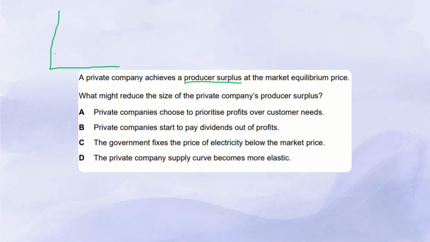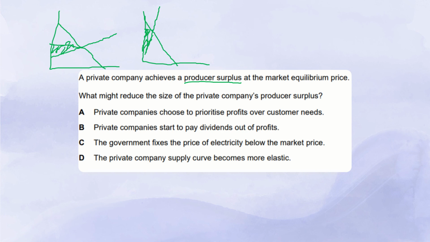So for example, I draw a very elastic supply graph and a normal demand graph. My equilibrium is defined, and you can see how small my producer surplus is. All right, but when I draw a supply graph that is inelastic, for example, like this, and my demand is normal, look at my producer surplus being so high.